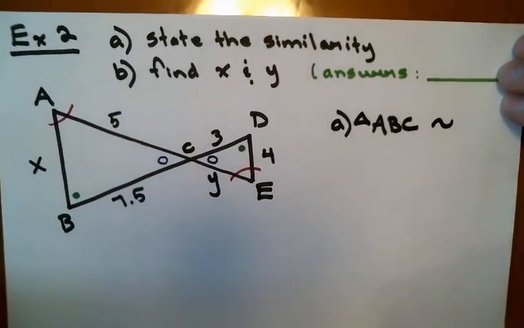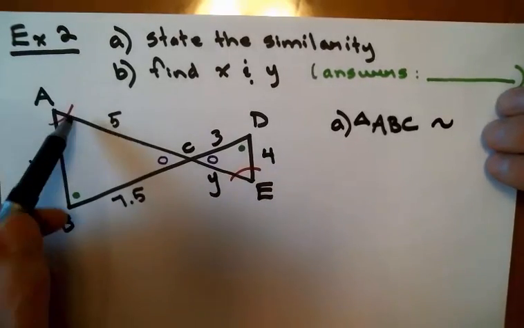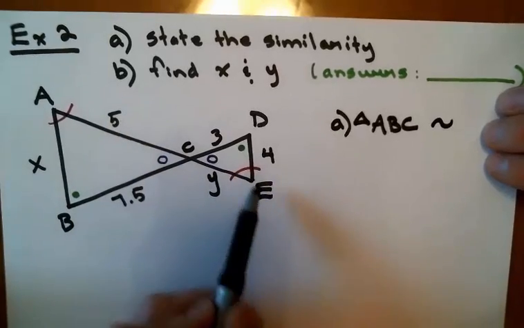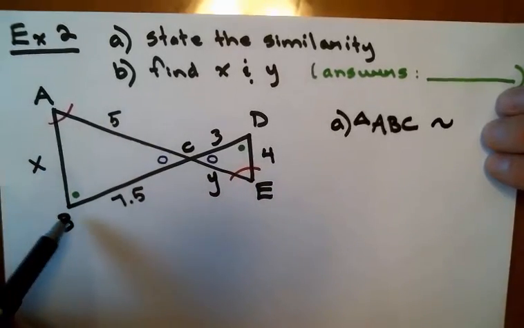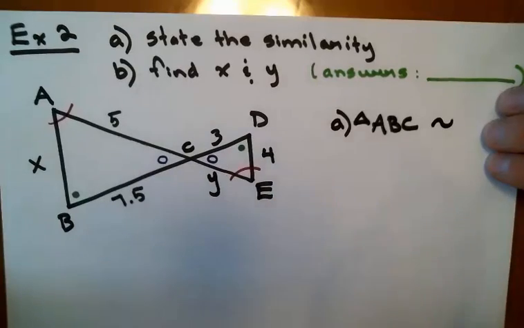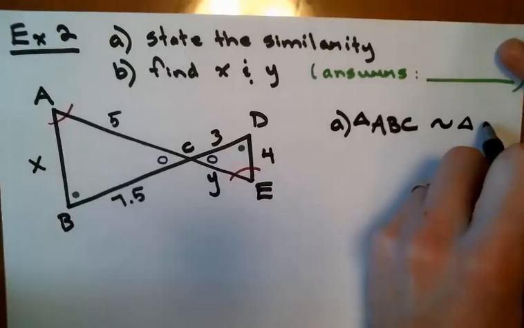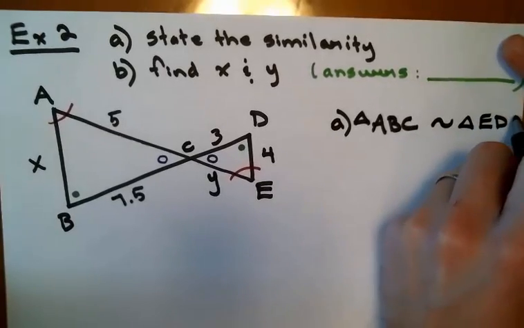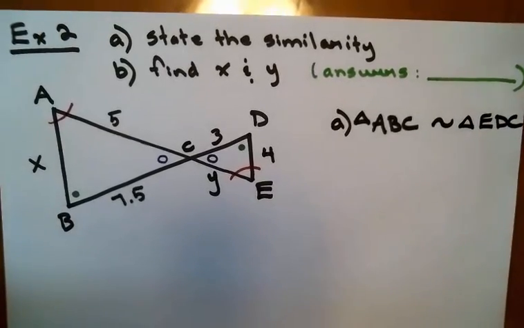Really, you should say it's similar to triangle. Let's go. A is the pink arc, so that's E. B is the green dot, so that's D. And then C is last, so you'd have to say triangle E, D, C. Just good form to do it this way.